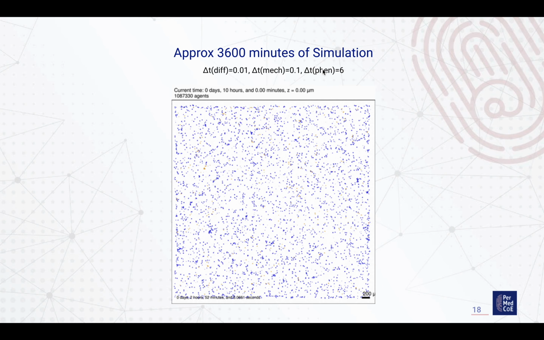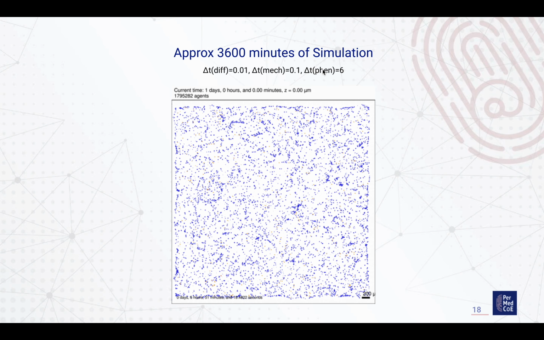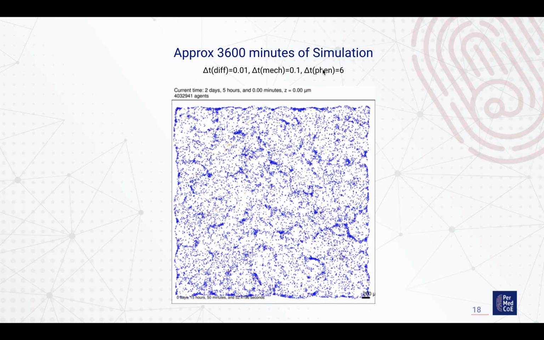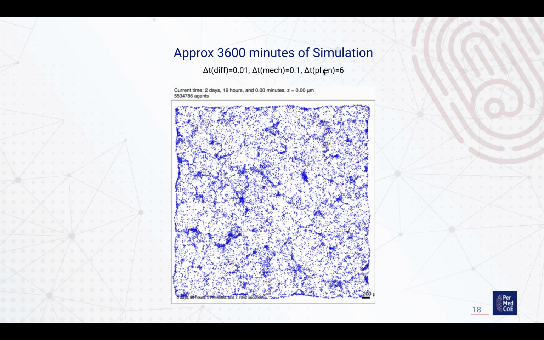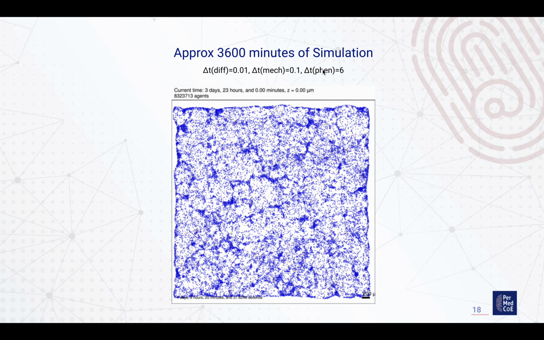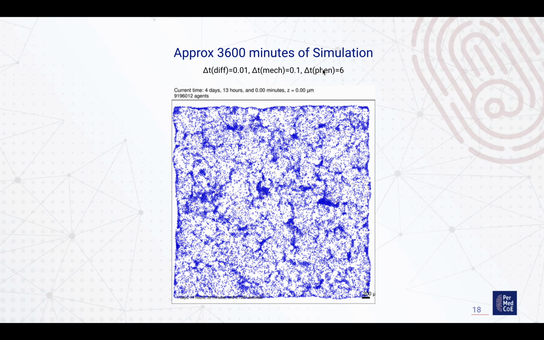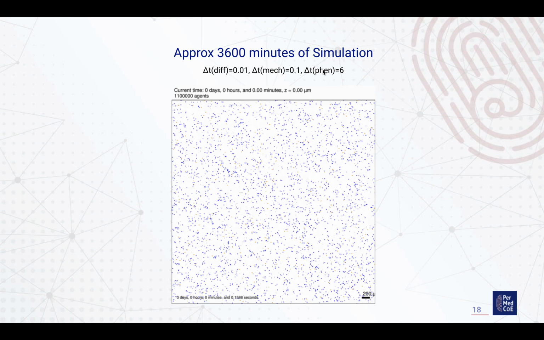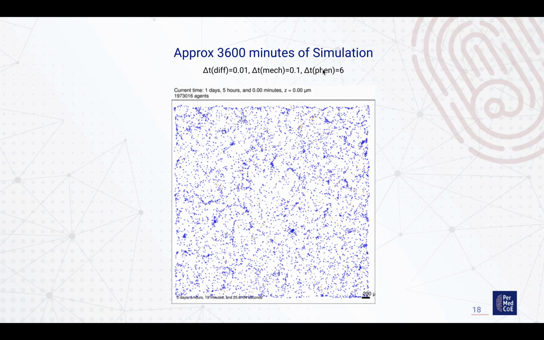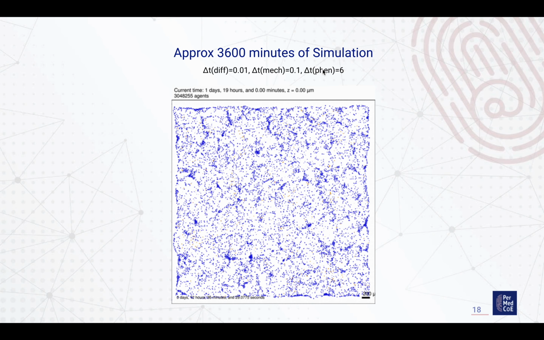We initially start with about 1.1 million agents or cells, which grows up to about 9.5 or 9.6 million agents or cells. The diffusion time step is 0.01, the mechanical time step is 0.1, and the delta T phenotype is 6, and this represents approximately 36 minutes of simulation.